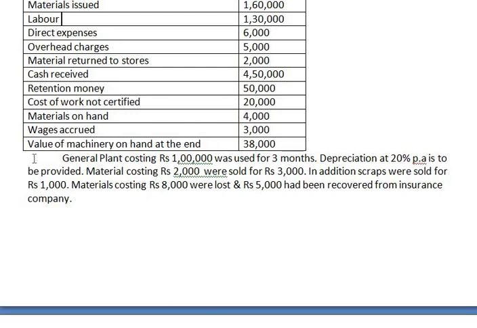Now next is materials returned to stores. This we need to show on the credit side. Cash received, retention money will be taken later. Work certified.